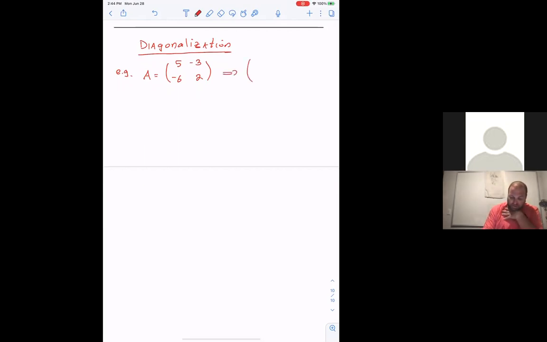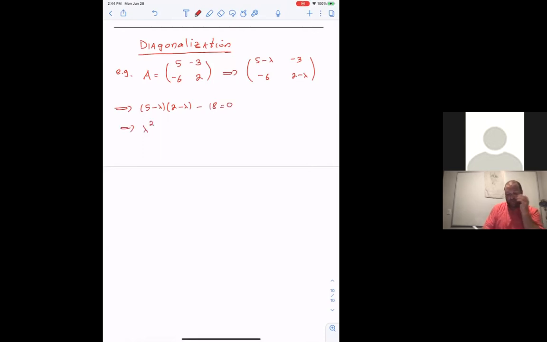So how do I find the eigenvalues? Subtract lambda along the main diagonal. Then take the determinant. So 5 minus lambda times 2 minus lambda minus 18 is equal to 0.